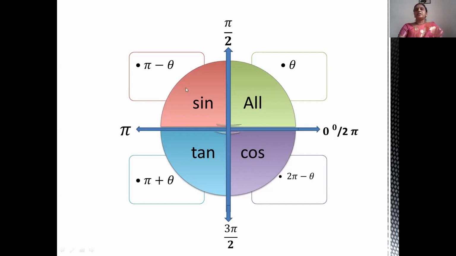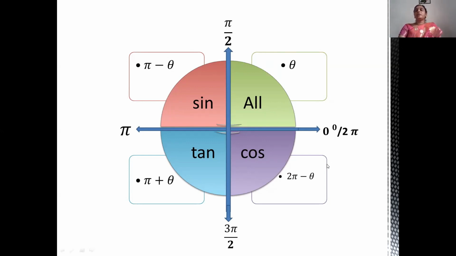Using this, sin pi minus theta in the second quadrant is equal to sin theta, because in the second quadrant sin is positive. Here tan pi plus theta is equal to tan theta, like that. Using this chart, you can form the allied angle table instantly. You either directly remember the table or derive the allied angle formula from this chart.